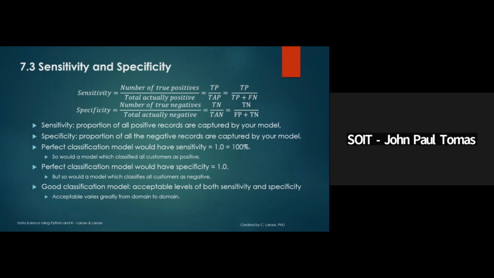The acceptable results vary greatly from domain to domain, depending on what your model is looking for, the objective of your study, or what you really want to attain upon creating your model.